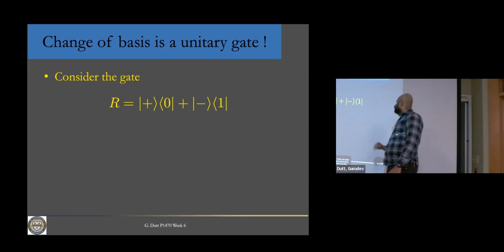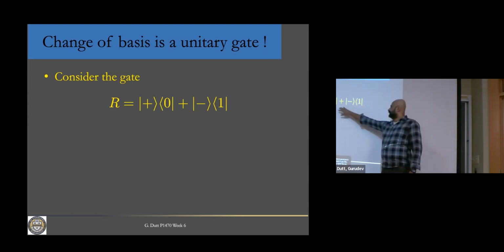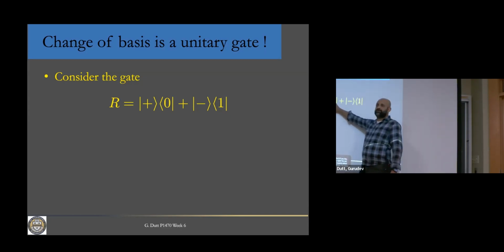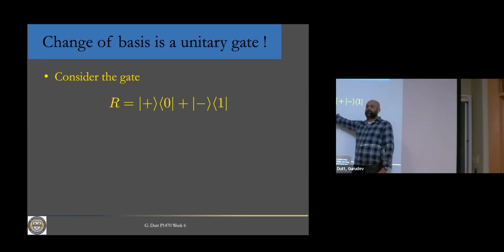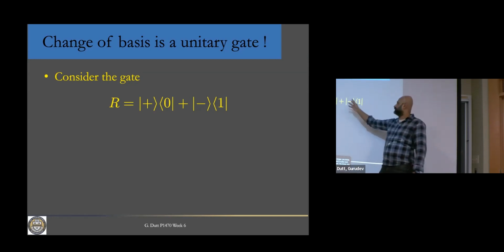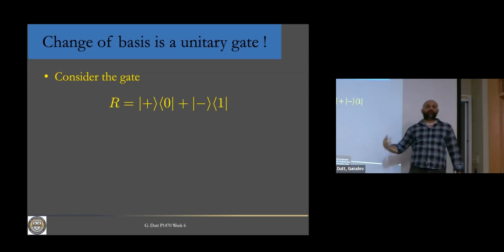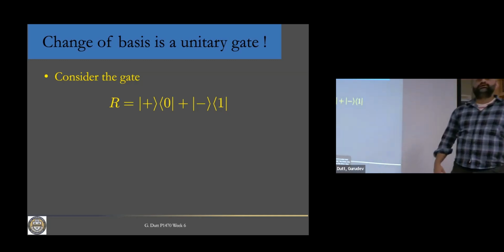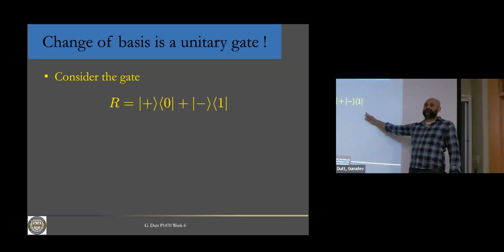So the NOT operator. Well, we can consider a gate which looks like this. You can see it is 0, and then there's a plus over here, the plus is our usual 1 over root 2, 0 plus 1 over root 2, 1, the plus x state, and this is the minus x state on the Bloch sphere. Okay. So let's look at this gate and try to understand what it does.